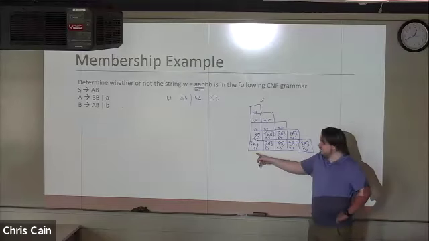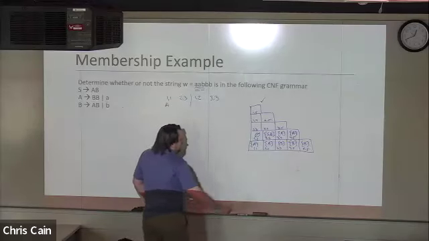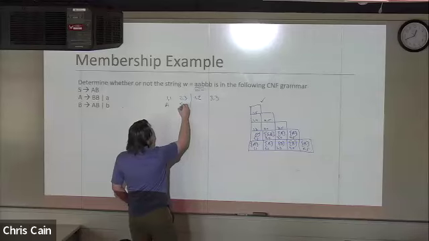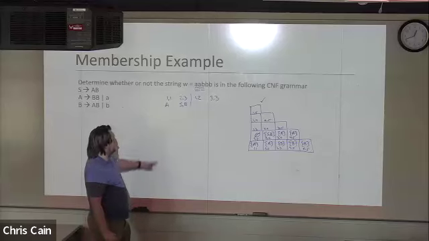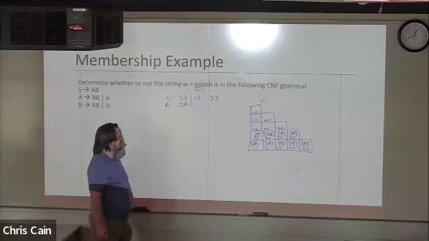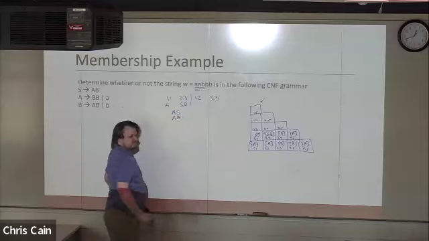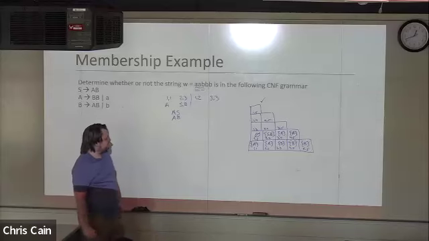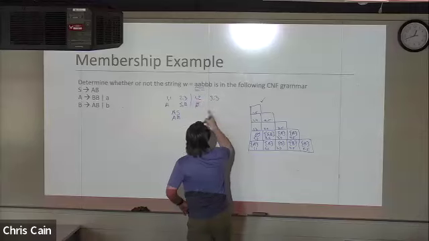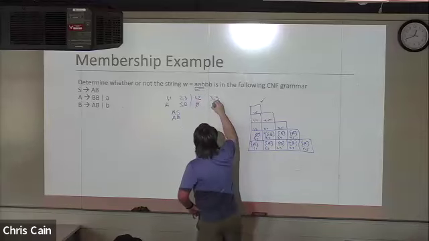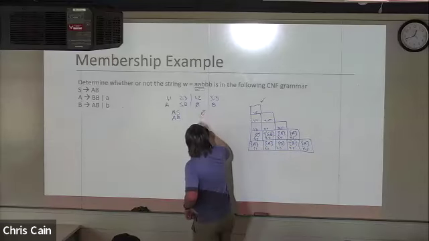So a lookup to 1, 1 says this is A. A lookup to 2, 3 says S and B. Since we're taking the cross product of this, we want to take an element of this set and an element of this set. This gives us both AS and AB. 1, 2 is the empty set. 3, 3 is just B. The cross product of this is nothing.